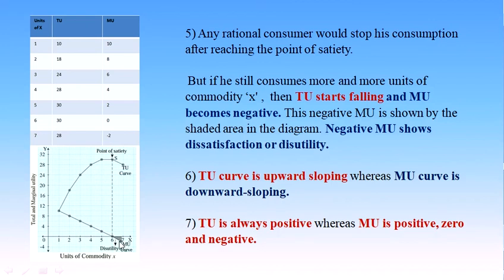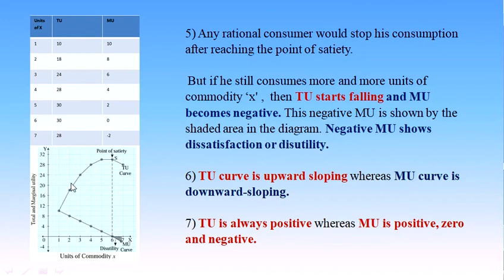Marginal utility will go negative. As we can see here in the schedule also, when TU starts falling, marginal utility becomes negative. Okay, so this is the relationship between total utility and marginal utility.